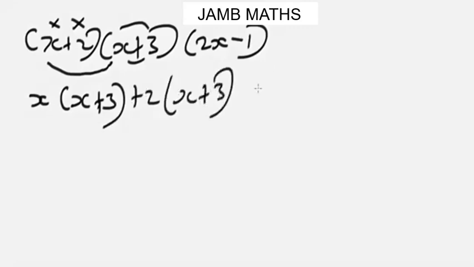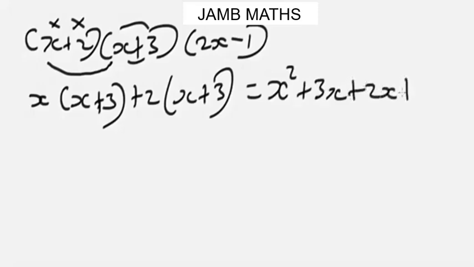So when you simplify, x times x gives us x squared plus 3x, then 2 times x will give us plus 2x plus 6. So when you simplify further, you're going to have x squared plus 5x plus 6. This is basically what you are going to arrive at.